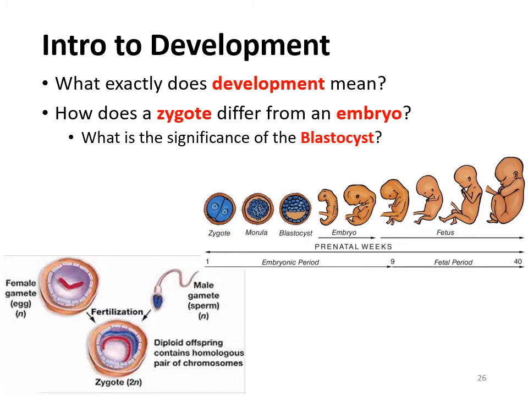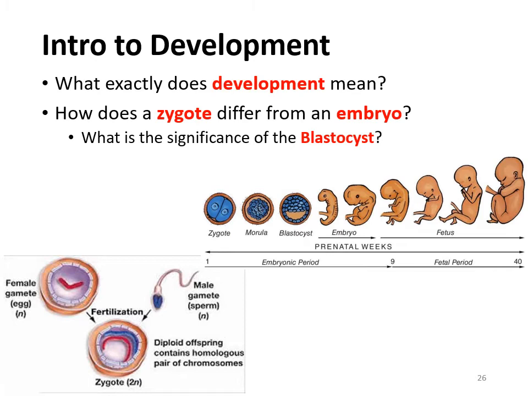The textbook definition that we usually give is that development includes the processes that allow a multicellular organism to form from an initial single cell. So development is going from a single cell all the way up to the multicellular organism that you are today.